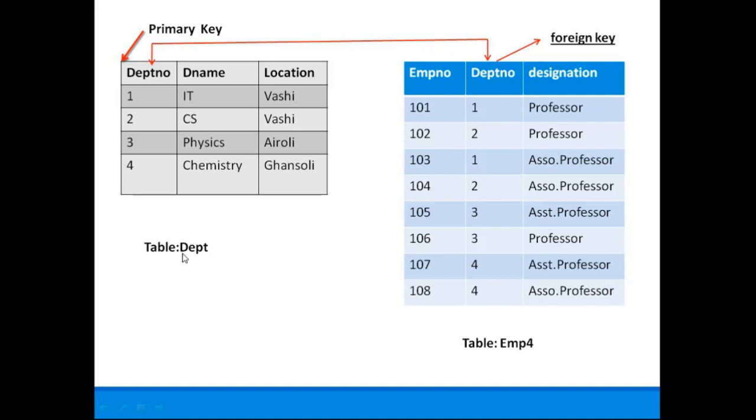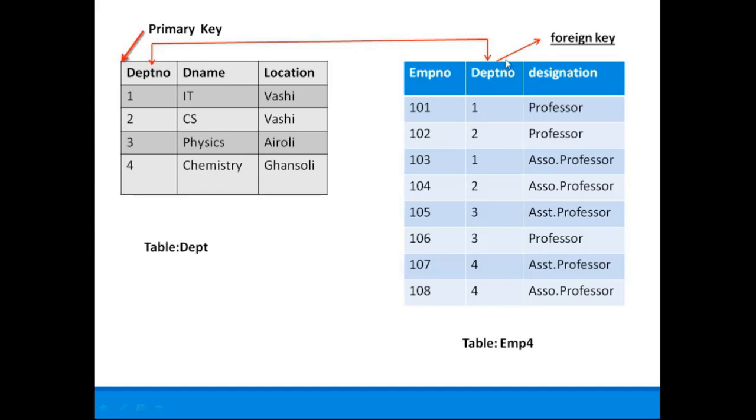And here the department number column is a primary key column. This table is used to store the information about departments. That's why there is no repetition of department number. So the department number column here is a primary key, but we are using this department number column in the employee 4 table as a referential key.